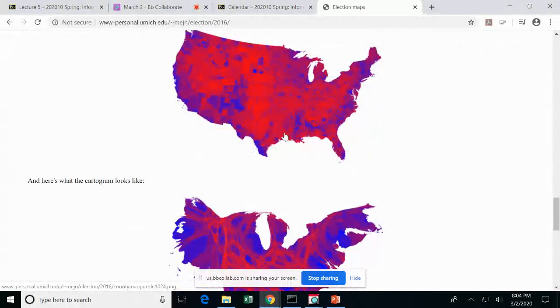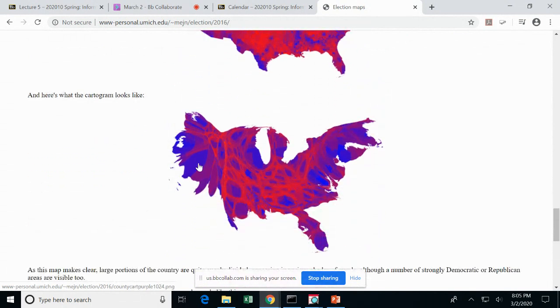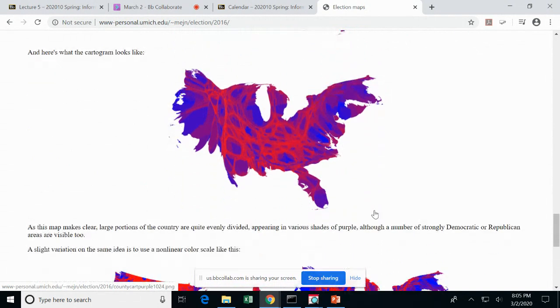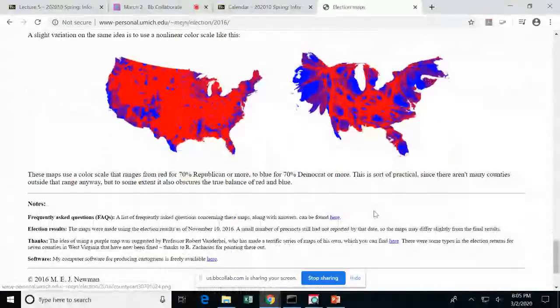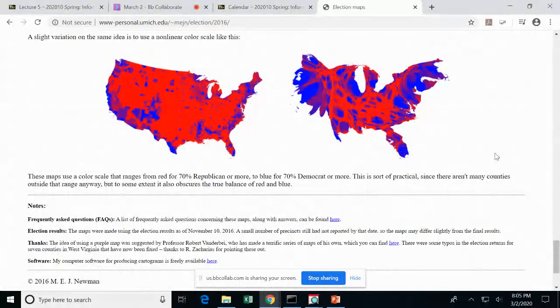And here they look at percentages of people who voted. So if it was 70-30, it would be one way. If it were 49-51, it would be almost purplish. So you can see there's lots of purplish and kind of different maps, selective magnification.